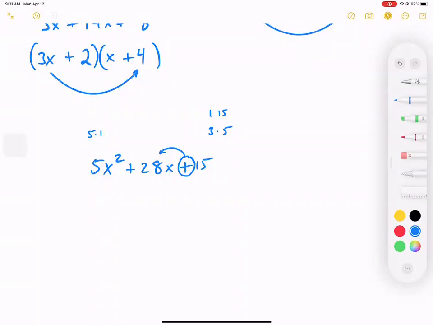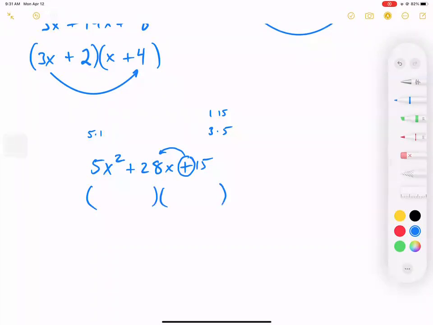And see if those new numbers add up to become 28. And if you have a number that works, please let me know. Will this work with 1 and 15 or 3 and 5? Okay, I'm getting someone telling me 3 and 5 will work.